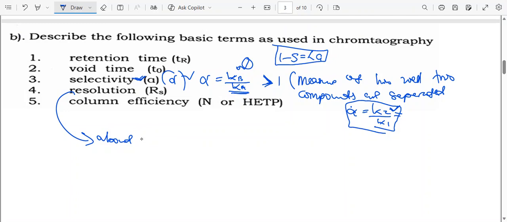This is about how well two peaks are separated. We have two things that are close like that.